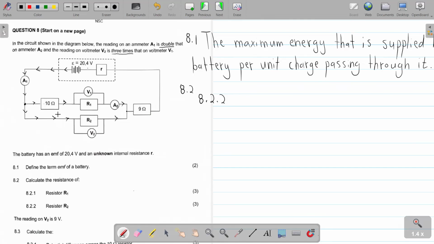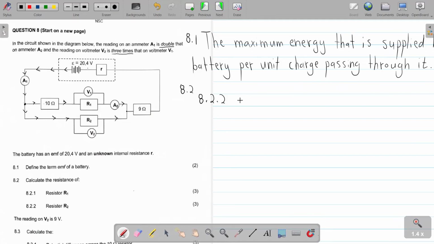So the current is the same, meaning the resistance on this branch is the same as the resistance on that branch. So that means that R2 will be equal to R1 plus 10 ohms. Okay. Now they told us we must calculate the resistance for resistor R1.